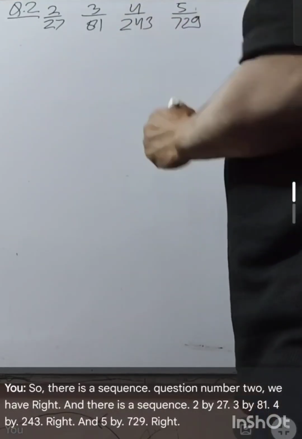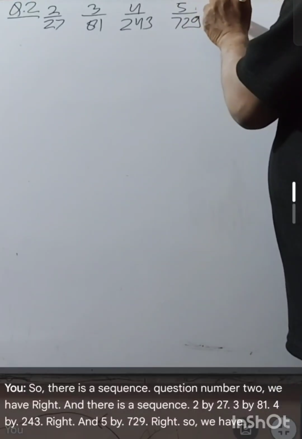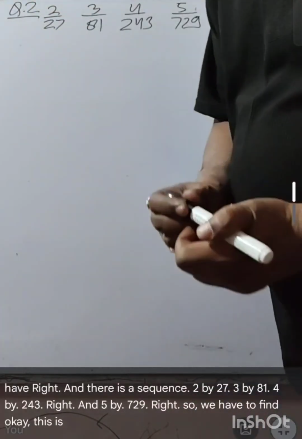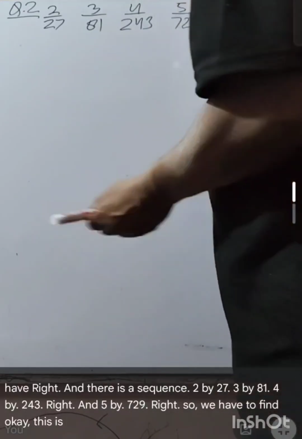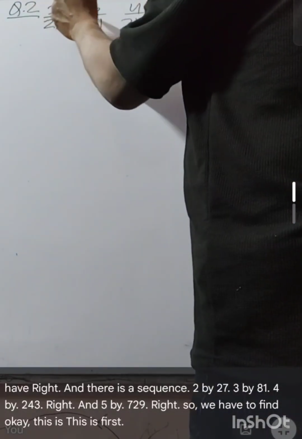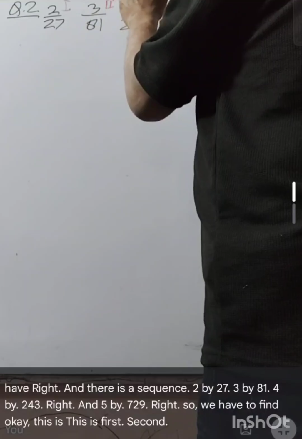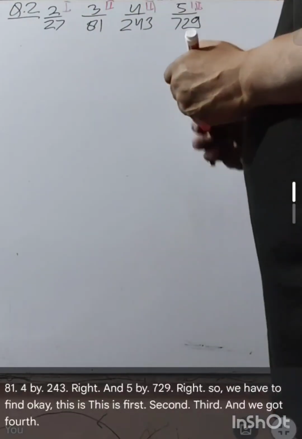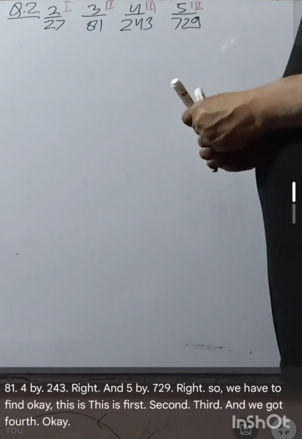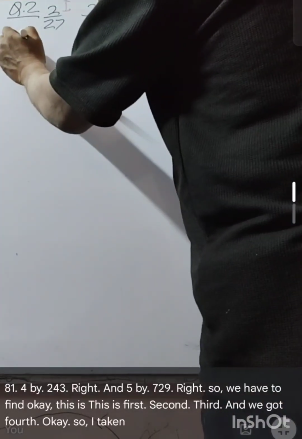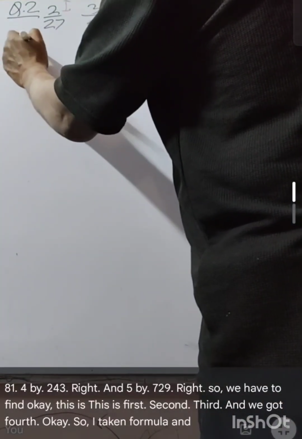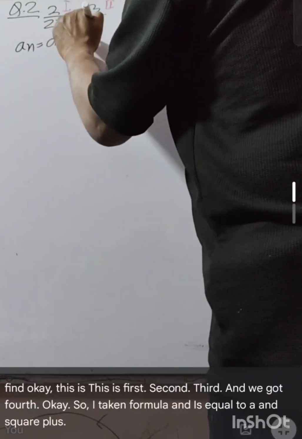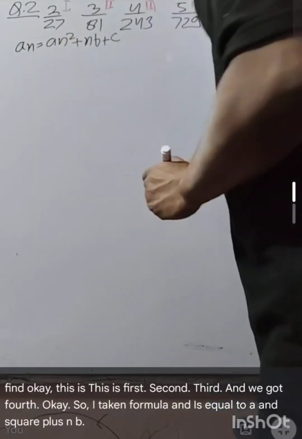So this is first, second, third, and we got fourth. So I take the formula a_n is equal to an squared plus nb plus c.